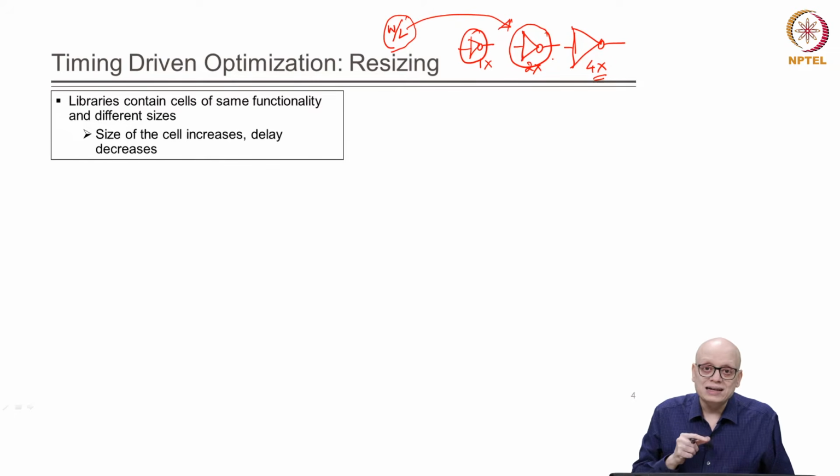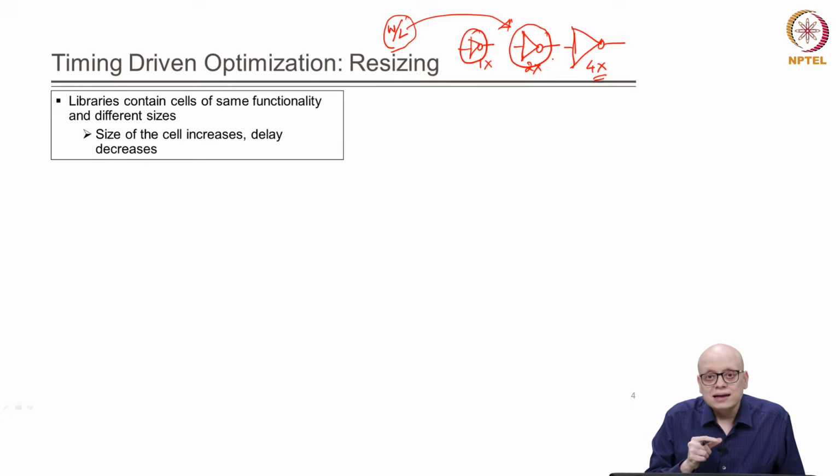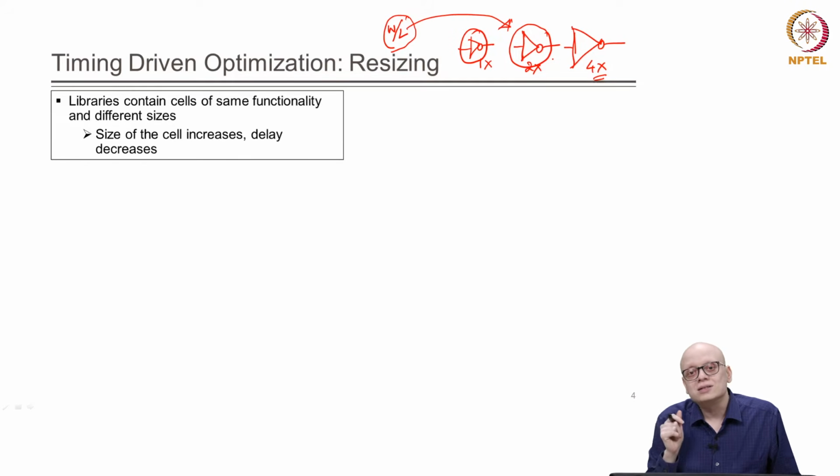Now, why does the delay decrease in this case? The reason is that if W by L of a transistor increases, then the current driven by that transistor increases. So, current is proportional to W by L, and if W by L increases, the current increases.